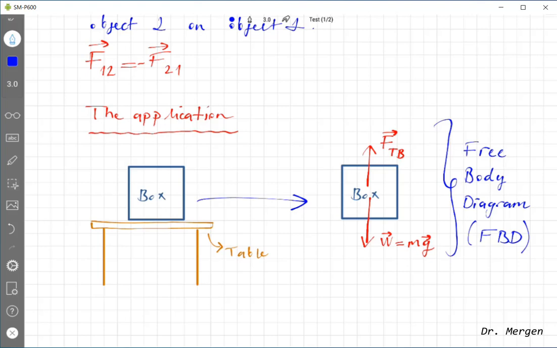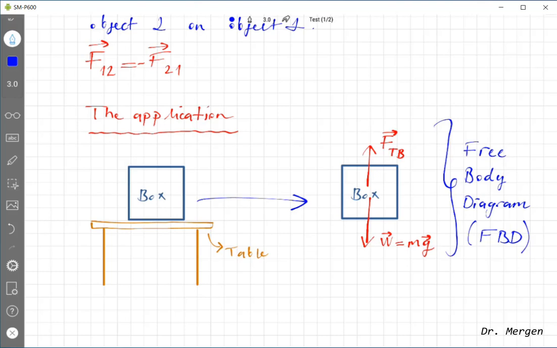The reason why we use free body diagrams is that when we are analyzing an object subject to forces, we are interested in the net force acting on one object, which we will model as a particle.